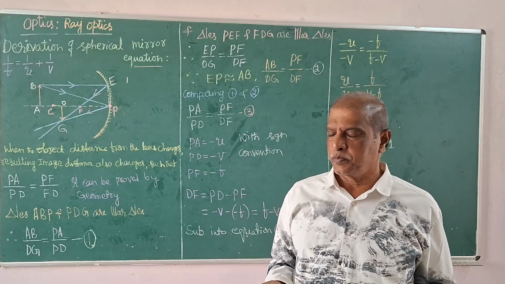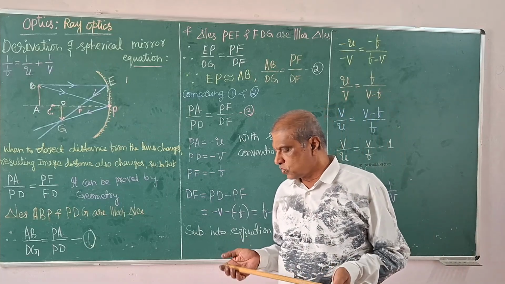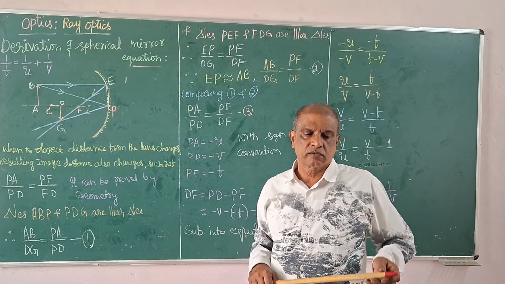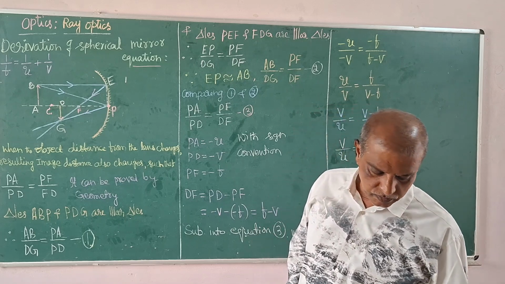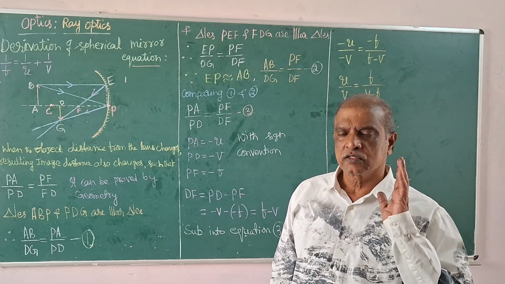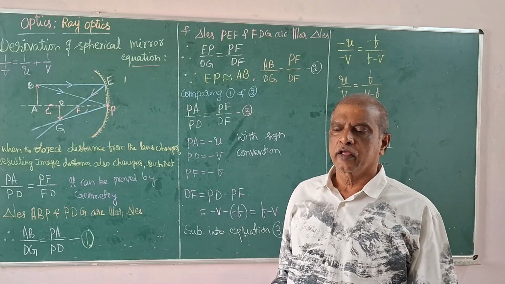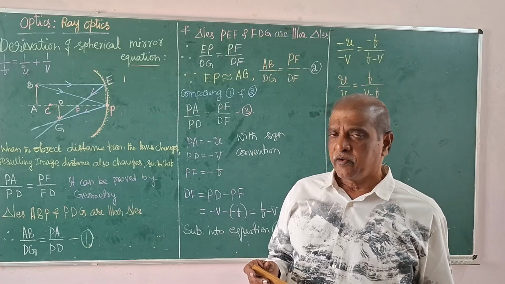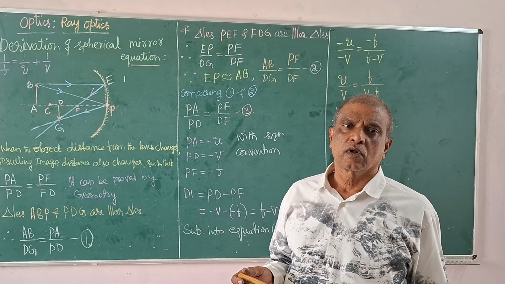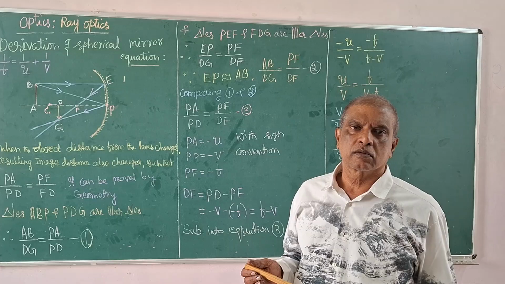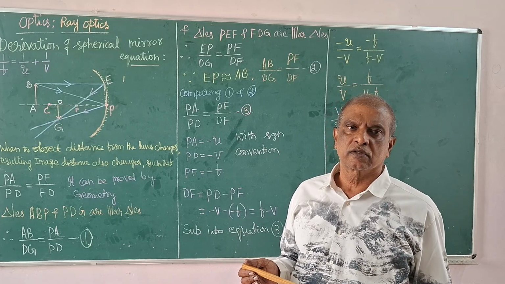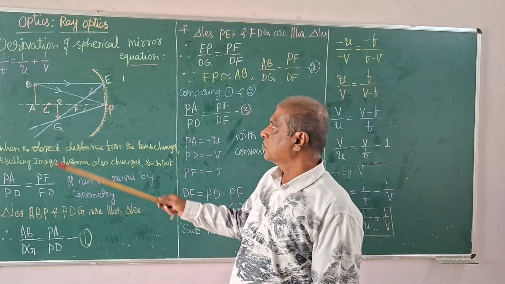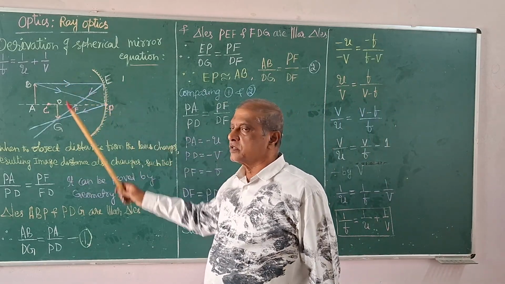There are many optical instruments: telescope, with which we can focus distant objects; microscope, with which we can focus tiny objects; and cameras, varieties of cameras; and also security mirrors and vehicle rear view mirrors. We can design and construct these optical instruments using this equation. That is the importance of this equation.